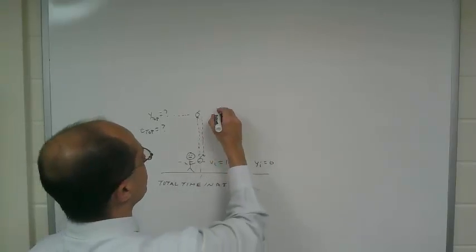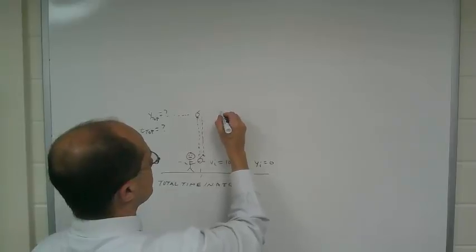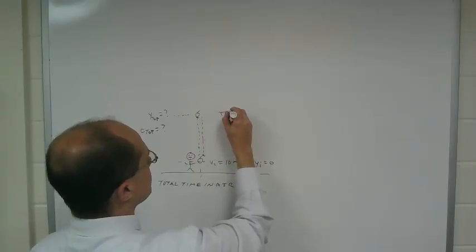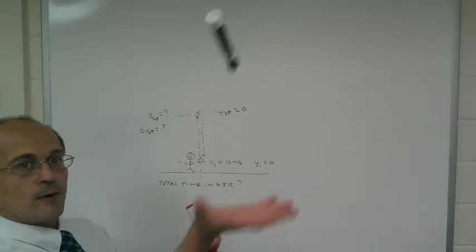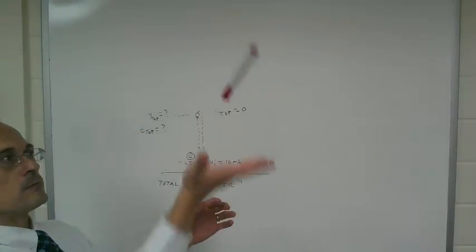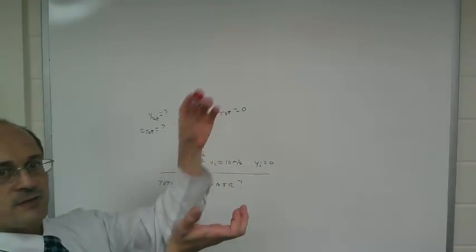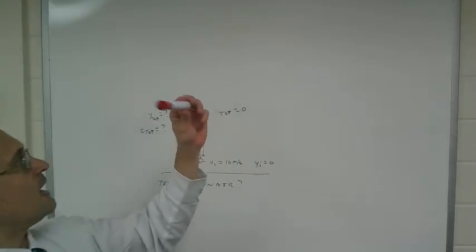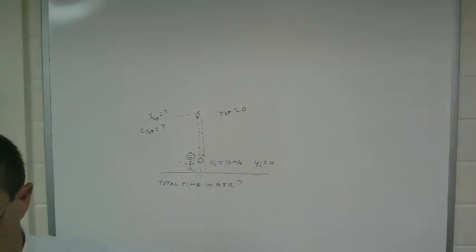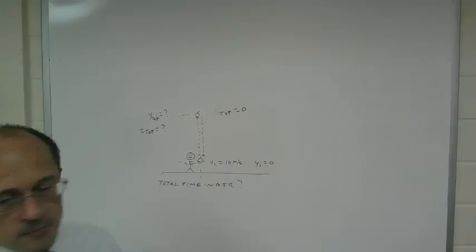So we're going to call this v at the top, that's 0. You watch the marker, it goes up, stops, and comes back down. That brief instant at the top, the velocity equals 0. That's one of our hidden pieces of information.